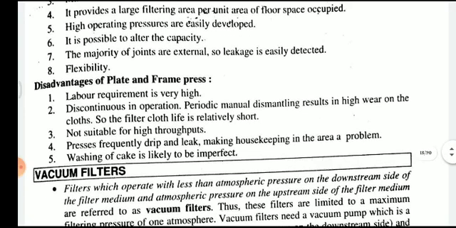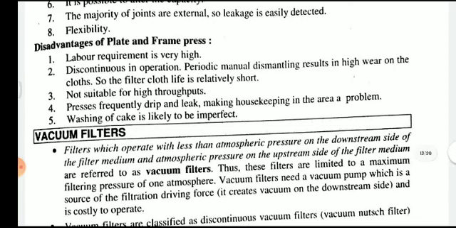Disadvantages of the plate and frame press: labor requirement is very high, discontinuous in operation, periodic manual dismantling results in high wear on the cloths, so the filter cloth life is relatively short. Not suitable for high throughputs.